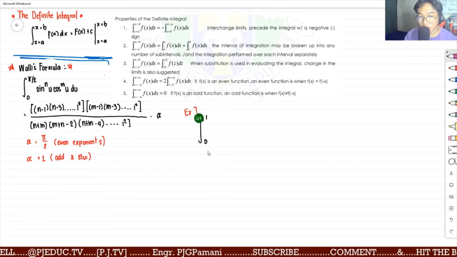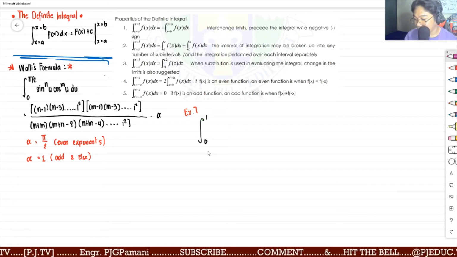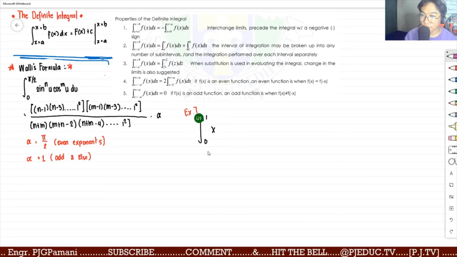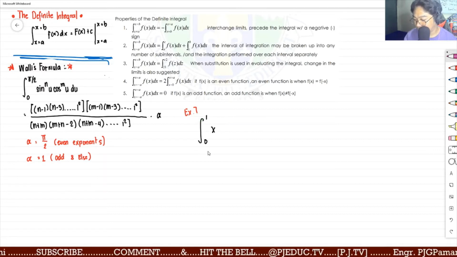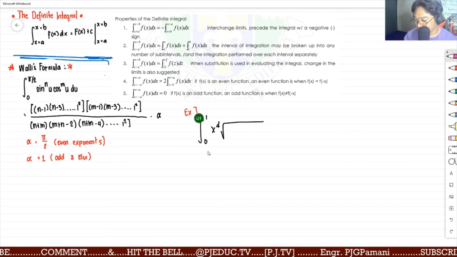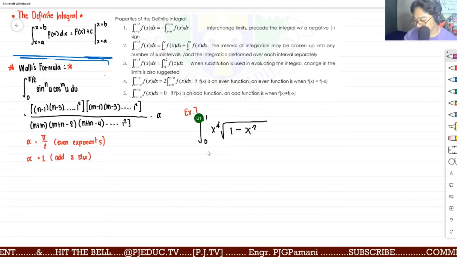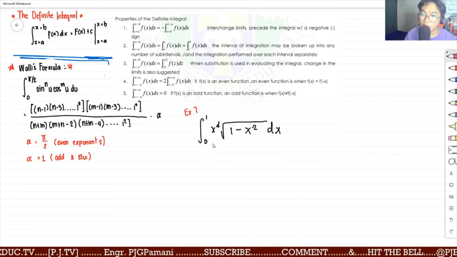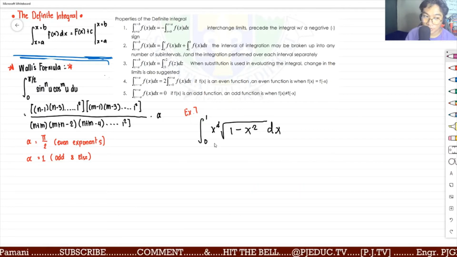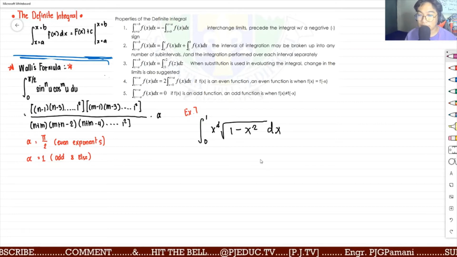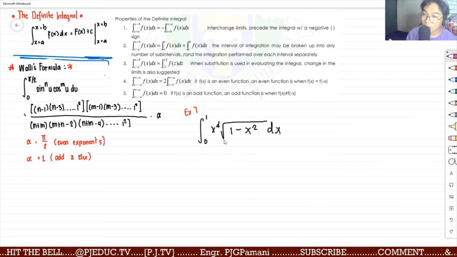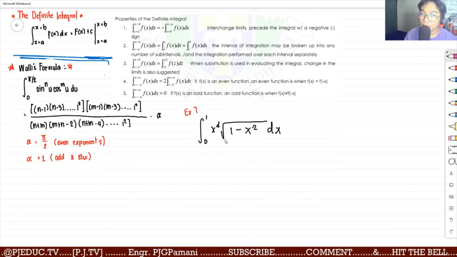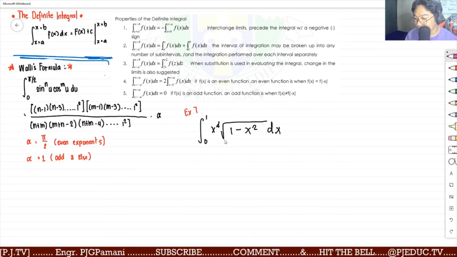So, ang kanyang limits are 0 to 1, and you're asked to evaluate the definite integral of x raised to 4 times the square root of 1 minus x squared dx. You can also solve this particular problem using algebraic substitution. Though mapapansin mo naman na doon sa ating given integrand na there is that similarity with the given formulas before in relation to trigonometric substitution.